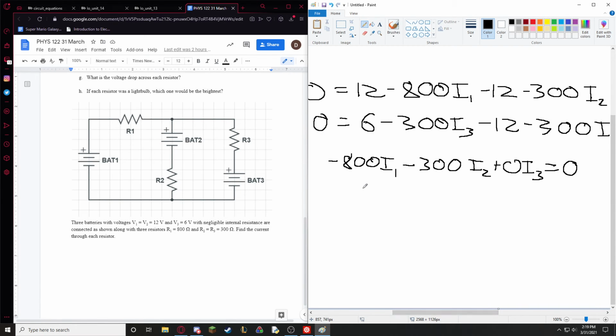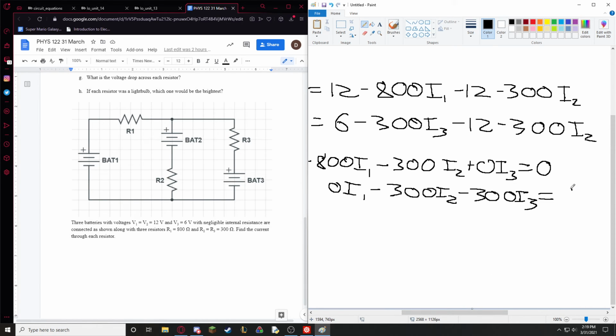For the second one, we have 0 I1 minus 300 I2 minus 300 I3 is equal to, we've negative 12, 6, negative 6, move it over to the other side, we have 6 volts.